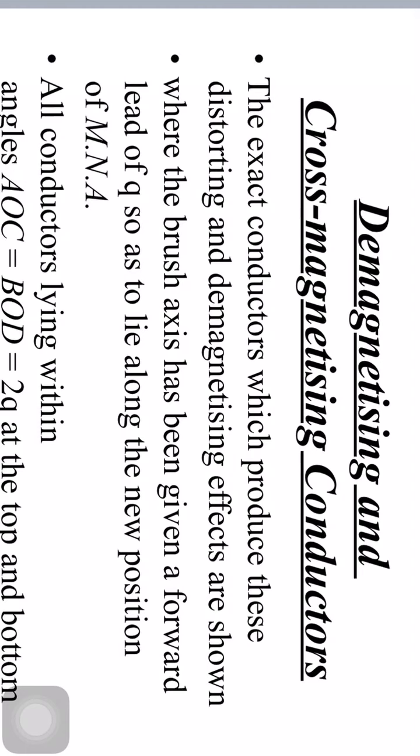Next, the demagnetizing component of armature reaction weakens the main flux. On the other hand, the distorting component of armature reaction distorts the main flux.